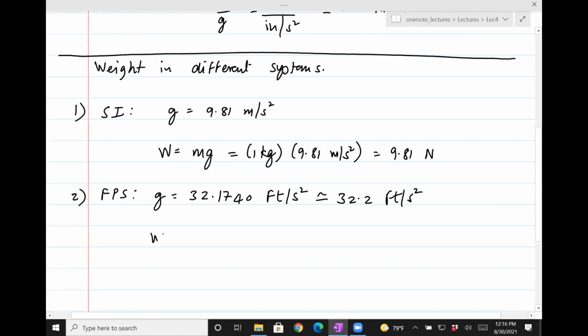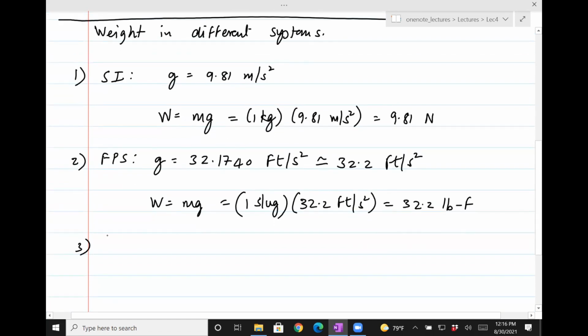So if you want to look at the weight of 1 unit in that measure, so in this case, 1 unit is 1 slug times 32.2 feet per second square. So the answer is 32.2 lbf, because the units of force in FPS is lbf, or pound force.